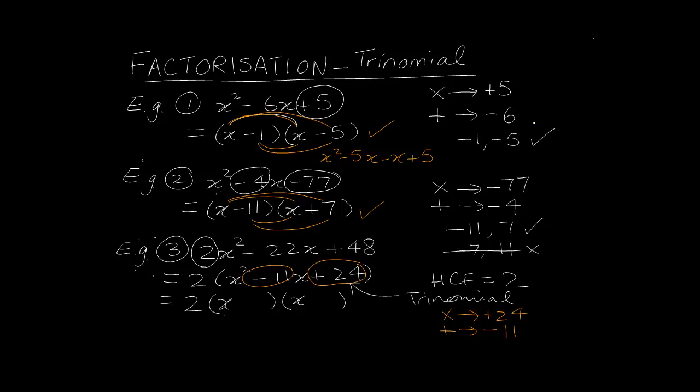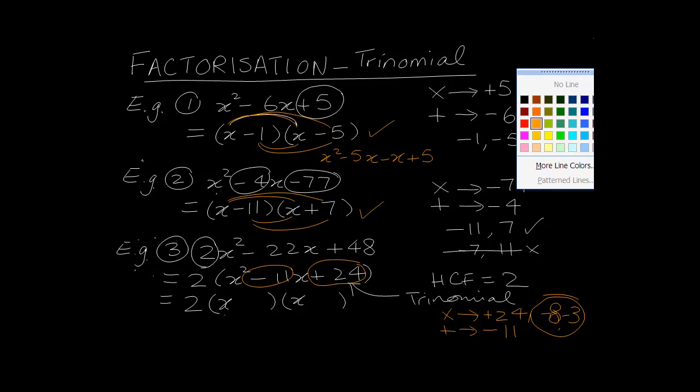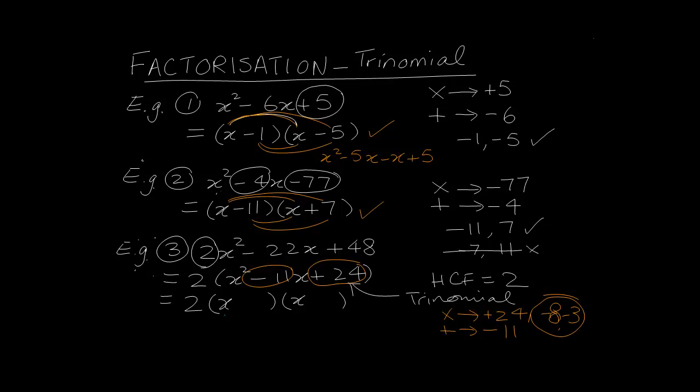So what I'm going to do is make them negative 8 and negative 3, because two negatives will certainly multiply to give me a positive 24, and they will add to give me the negative 11. So let's just put those in. Negative 8 and negative 3 would fit. Now, this final expression would be a fully factorized expression.